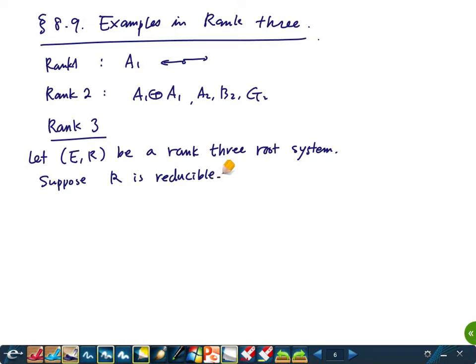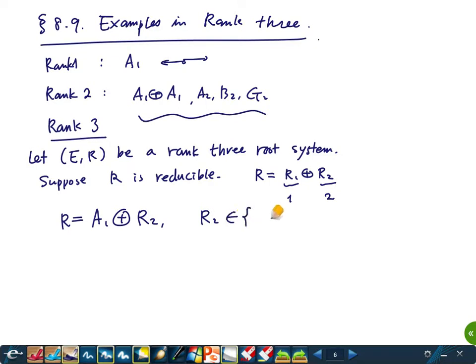That means we can decompose this into 2 non-trivial root systems, and because the ranks add up, one of them has rank 1, the other has rank 2. There's only one root system of rank 1, so in fact this is A1 plus something R2, where R2 is one of them.